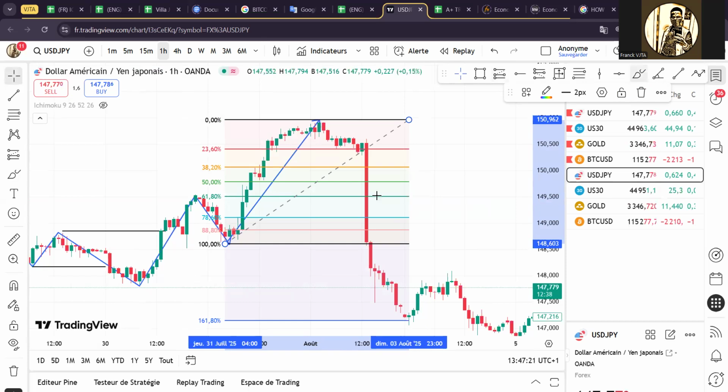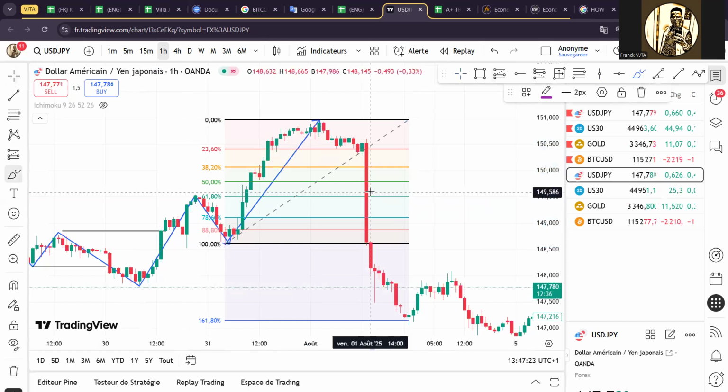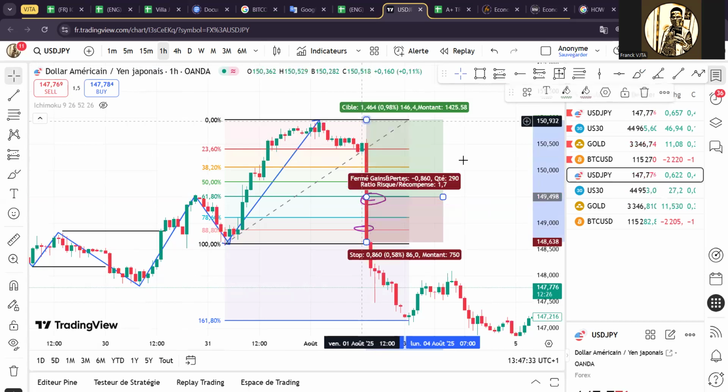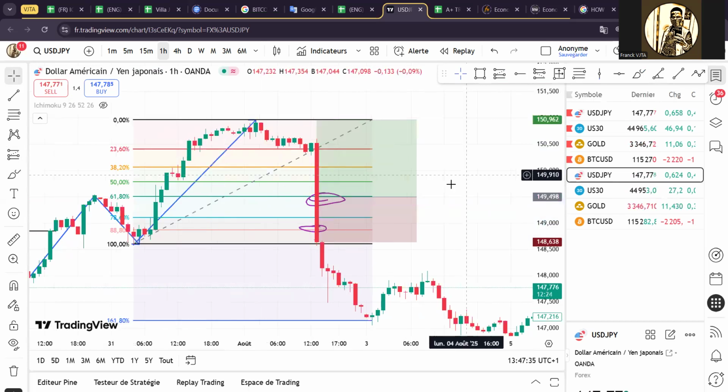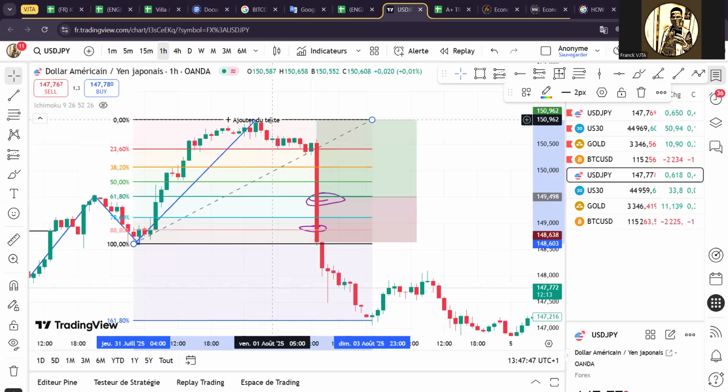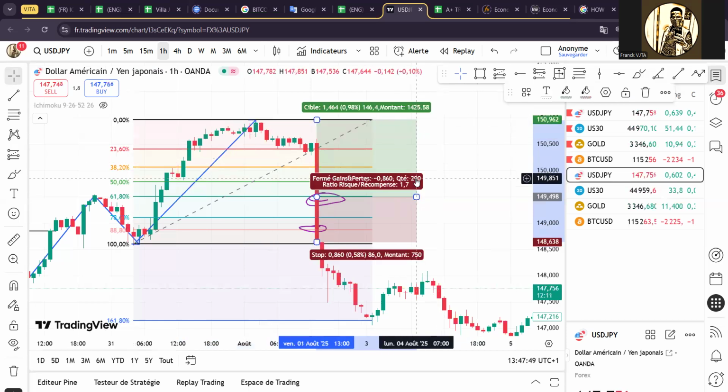So my strategy is that I come and buy here at 61%, and then I place my stop loss at 88% to have a little bit of room for price to breathe. Then you come and buy here, and then you get exited, because it has never been about the price level. Fibonacci is a price tool, not a volume tool. I'm just using it to show you something a little bit later.